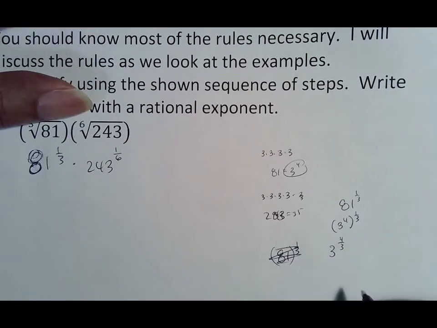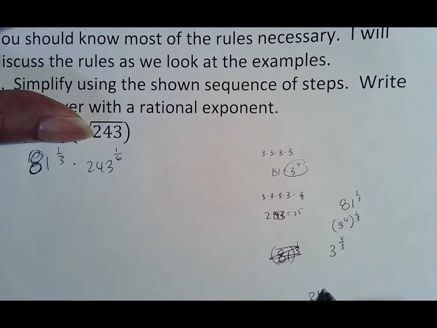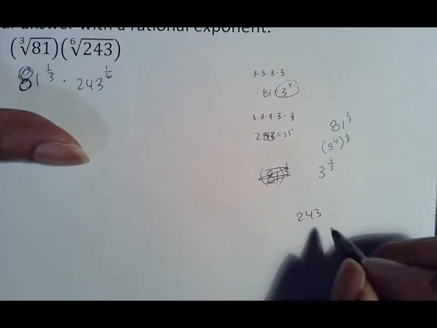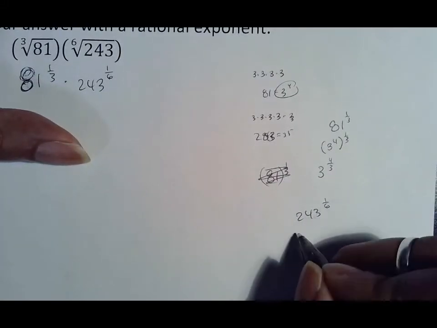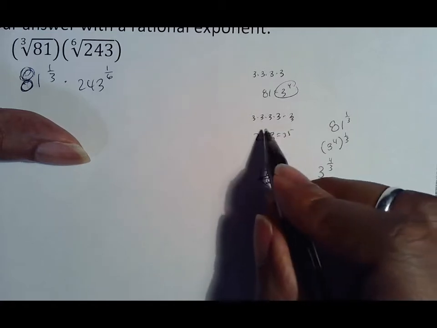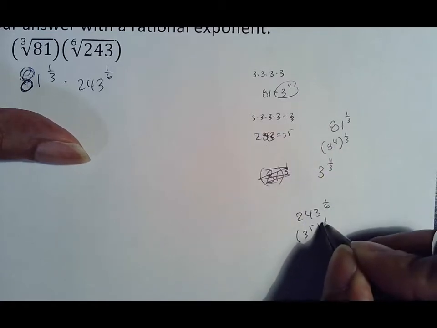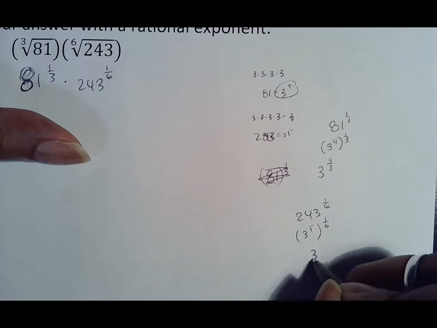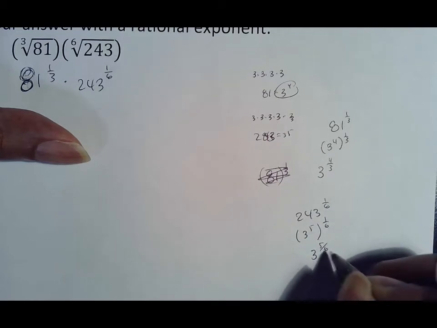Same thing for 243. 243 to the 1/6 is the same as 3 to the 5th, because that's what 243 is, to the 1/6, which is the same as 3 to the, again, multiply, 5/6.